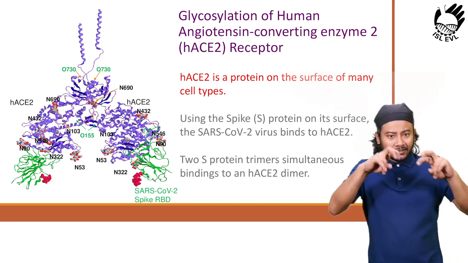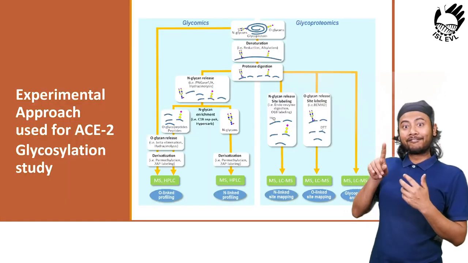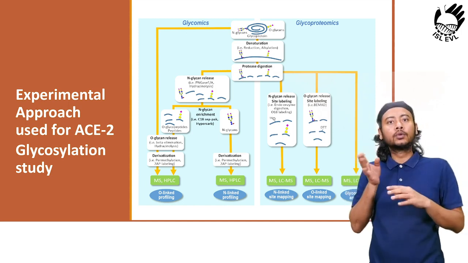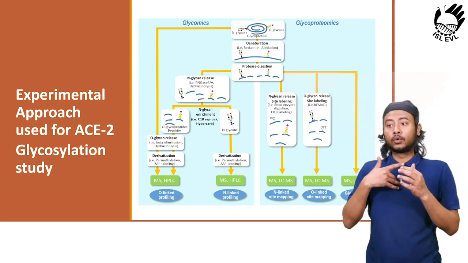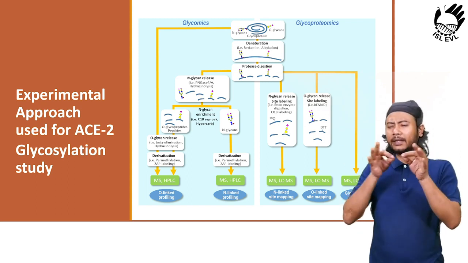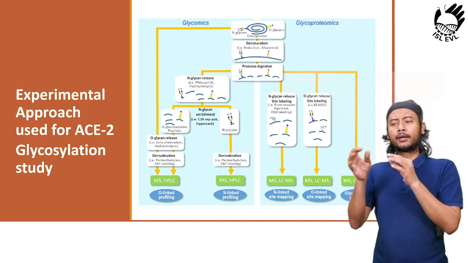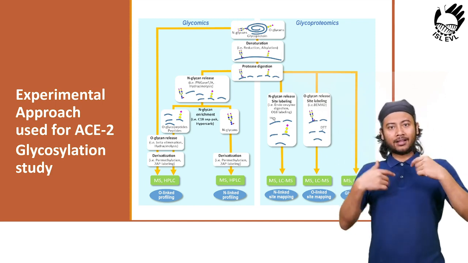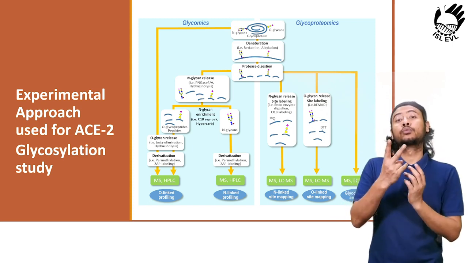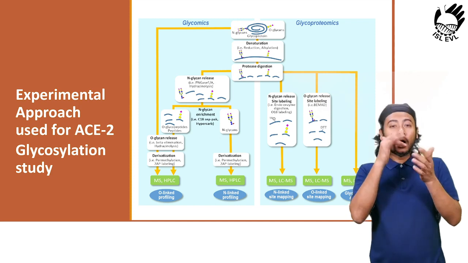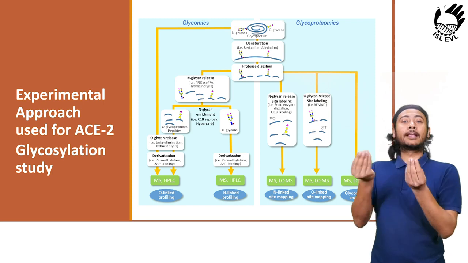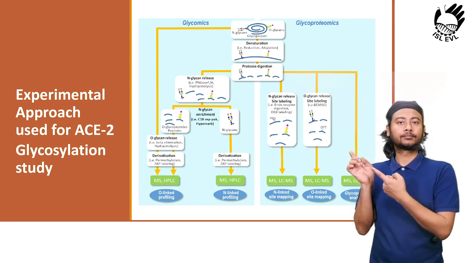So this figure shows the experimental approaches that we used for the determination of glycosylation of human angiotensin converting enzyme. We employed two complementary techniques. Glycomics, the left panel, includes the detailed analysis of glycans and their branching, and the right one is glycoproteomics, which determines detailed information on glycopeptides, that means both peptides and glycans.